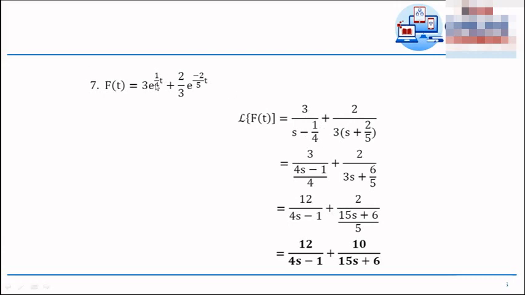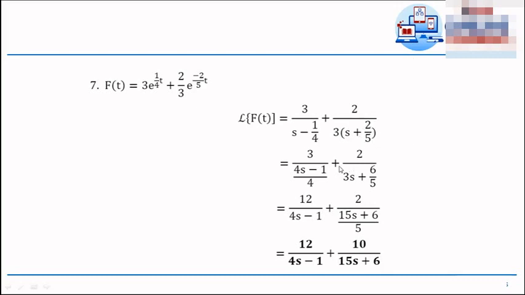Our a is 1 all over 4. Plus 2 all over 3, so your 2/3. Okay? E raised to negative 2 all over 5, so this is our a, which is s plus 2 all over 5. Okay?